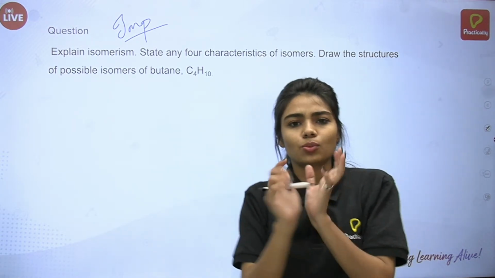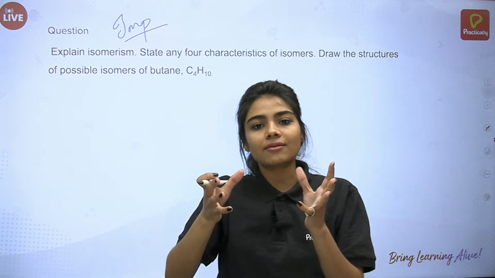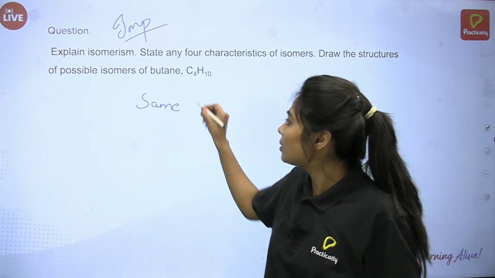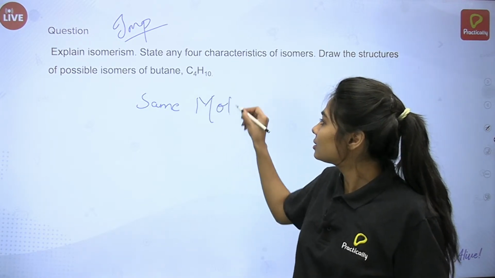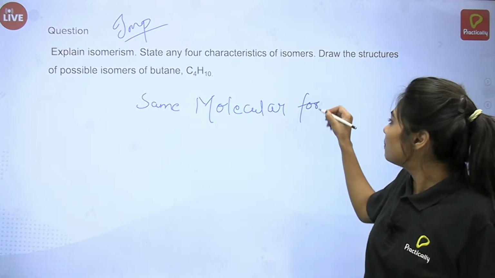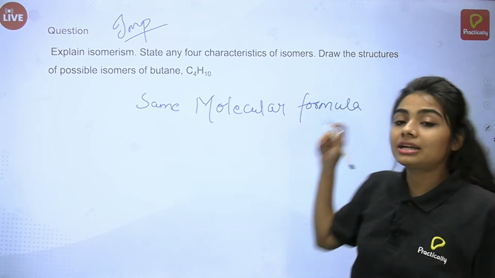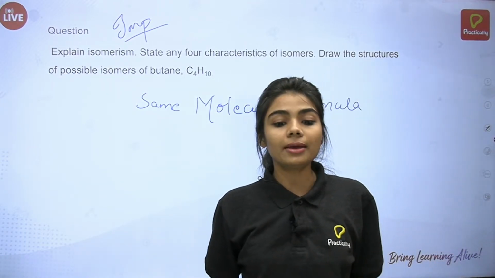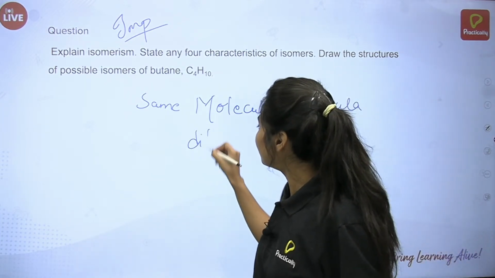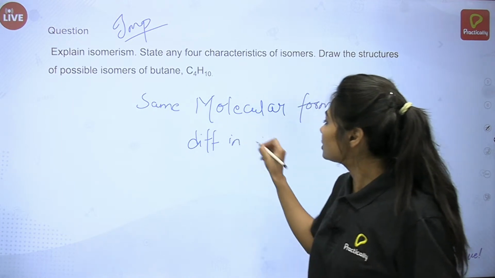Isomerism is simply when you have the same molecular formula but different structures, okay? Different in structure.